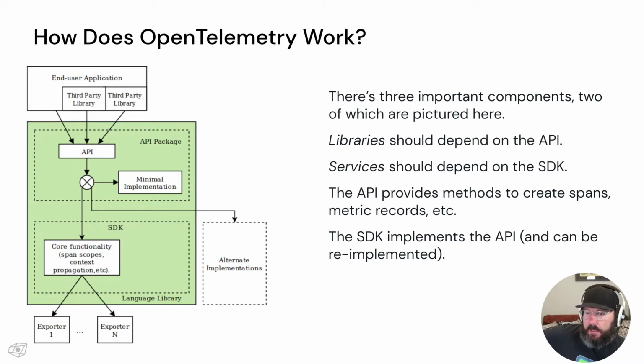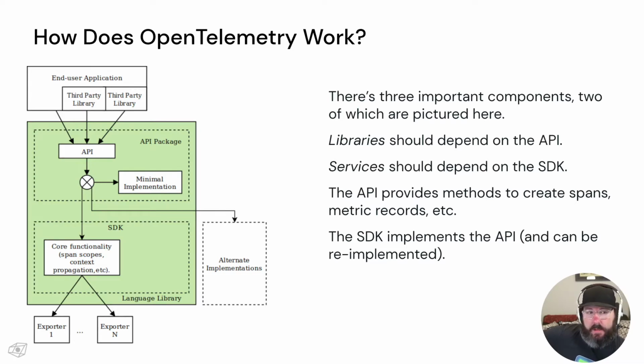Now, if you look at the diagram on the screen, you can see I have an API package, I have an SDK package, and I've got these exporters. I don't want to get too far into the weeds here because I'll explain more of these in detail later. But the basic idea is the API and the SDK are decoupled from each other.